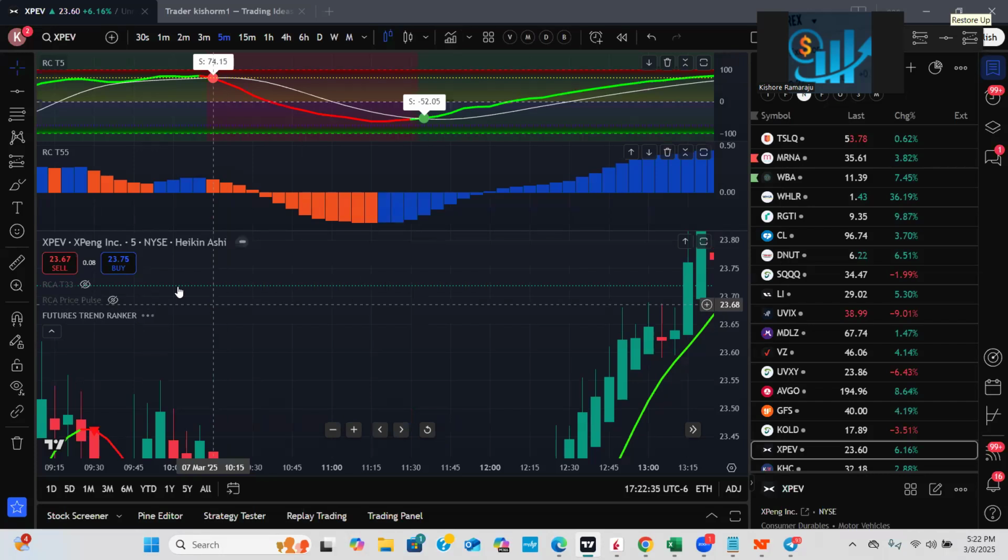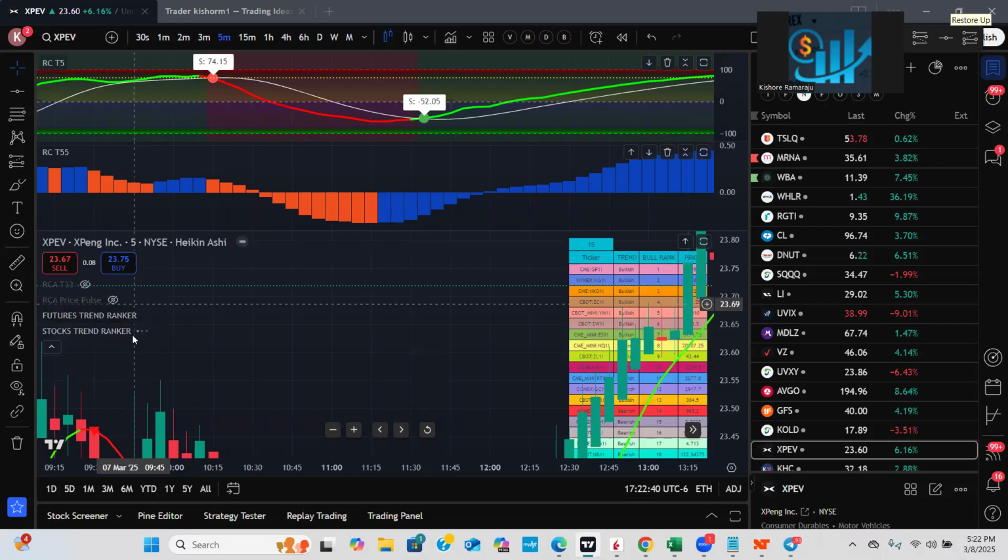So in addition to those indicators, these are like our third type. First one is your primary indicators. These are the secondary indicators.